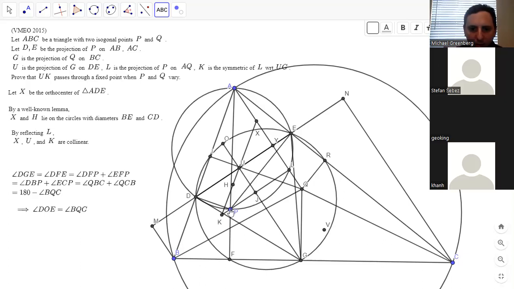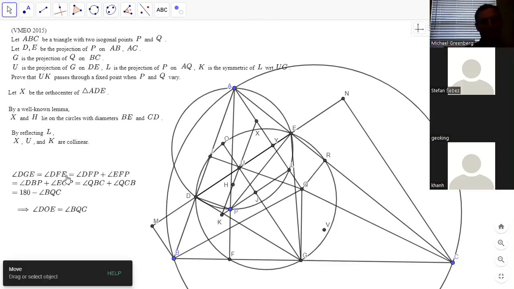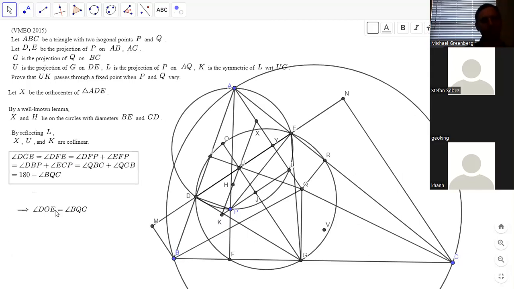We have DEG is equal to DFB. DEG equals PFD. No, DFB. So maybe I'll type it out for you. Okay. That was interesting.